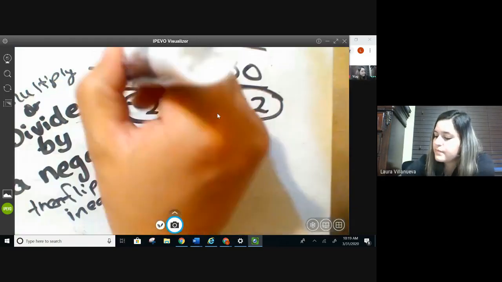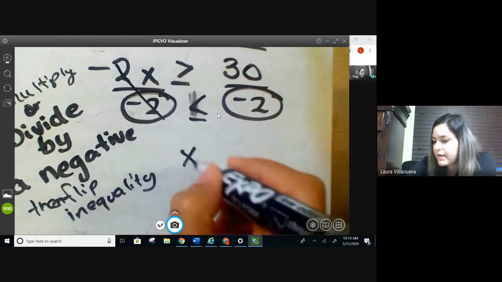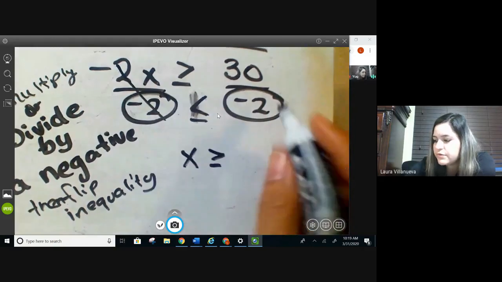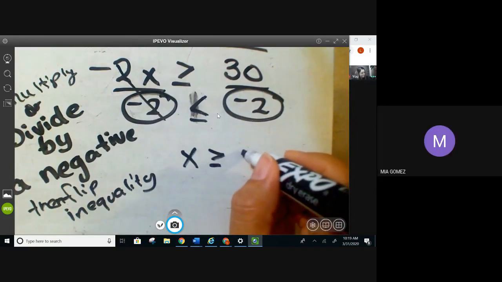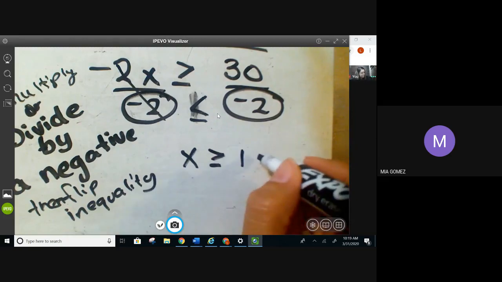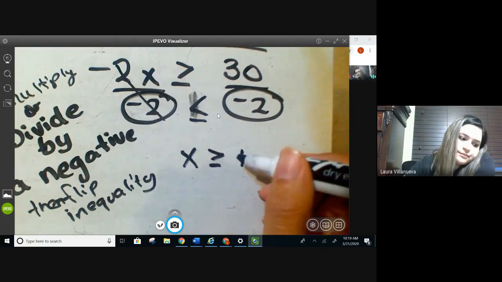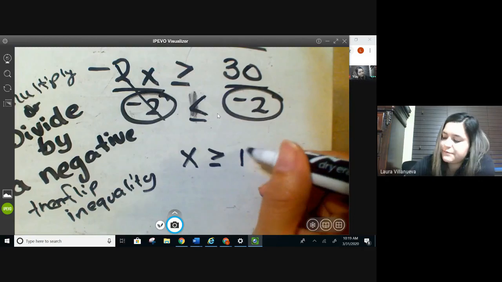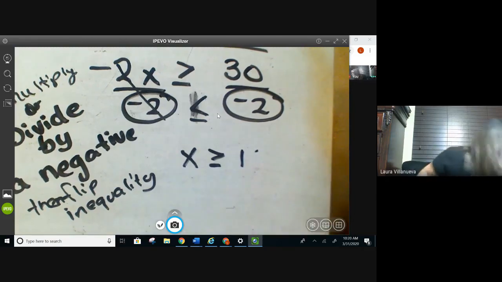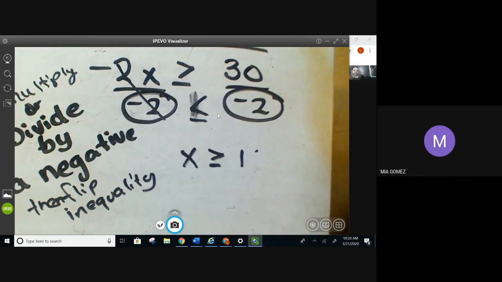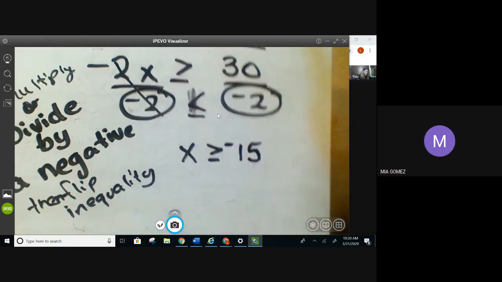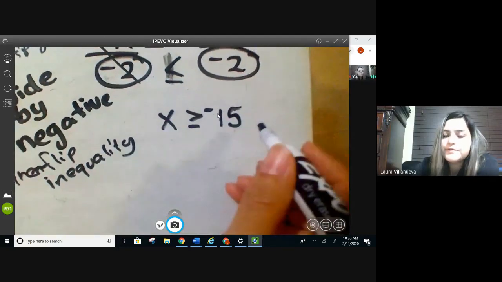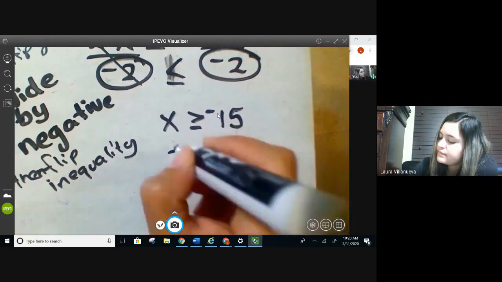It's going to cancel. So you have x less than or equal to 30 divided by negative 2. What is it? So it is negative 15. So negative 15, you're going to do your number line.